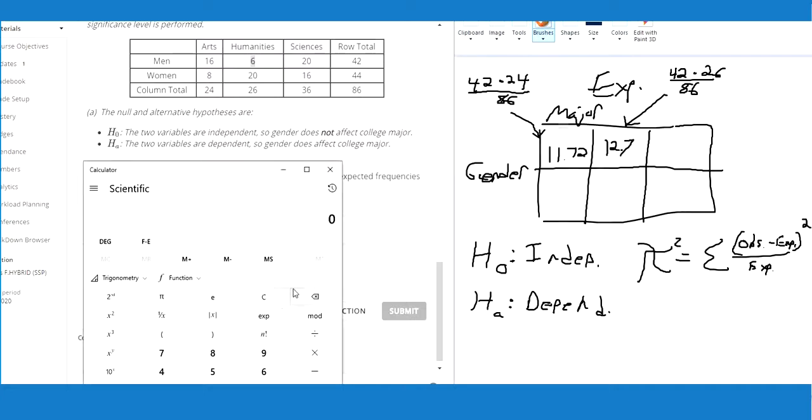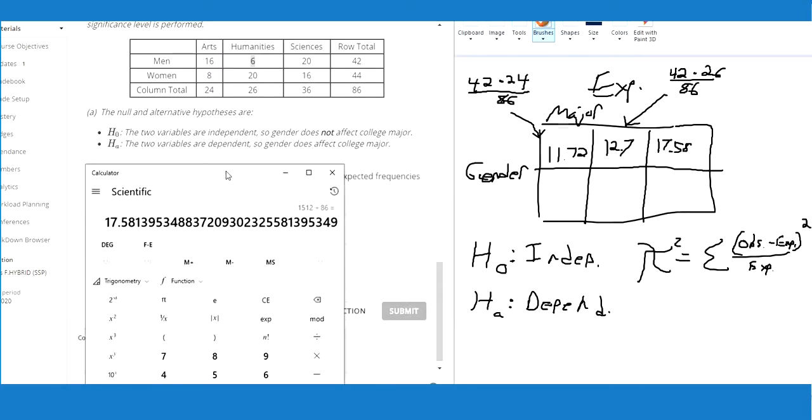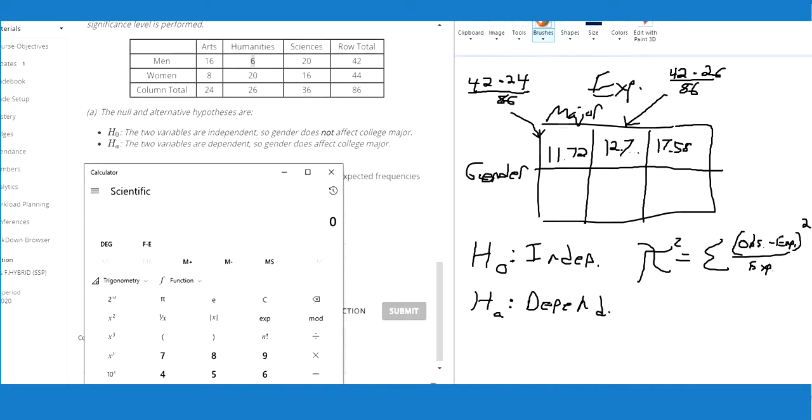The rest of these I'll just crunch out real quick so we can get to the next part. 17.58. We need some decimals because we're going to round to one decimal place in the end, so we should take at least two decimals with us.